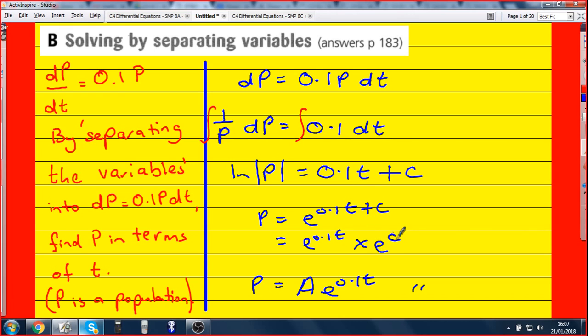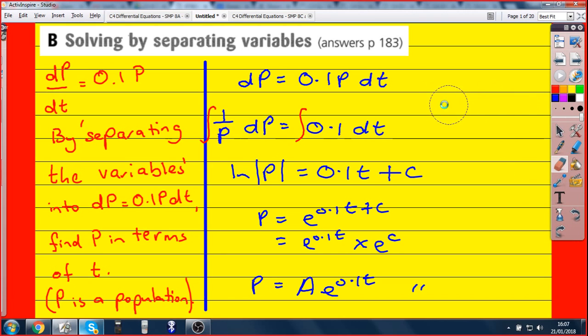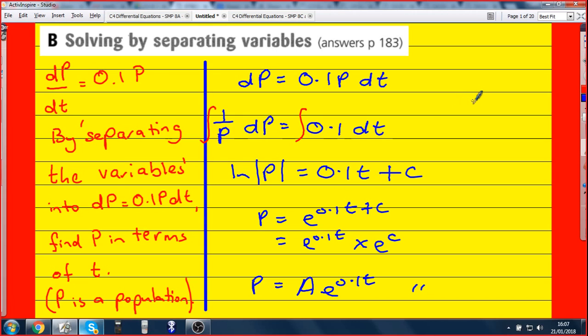If we multiplied both sides by 2 and you had 2c, you would just call that A, and just go from there, because we've no way of knowing it. Okay, any questions about that?